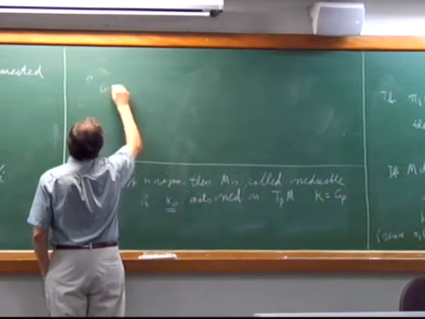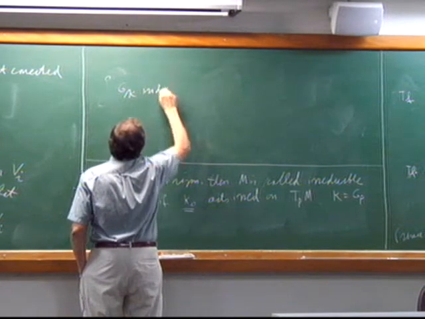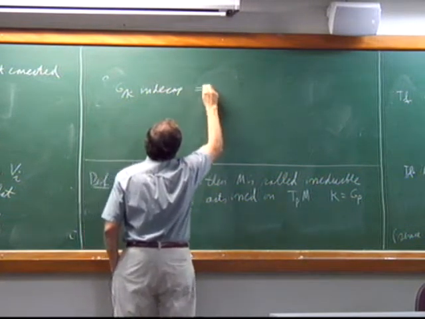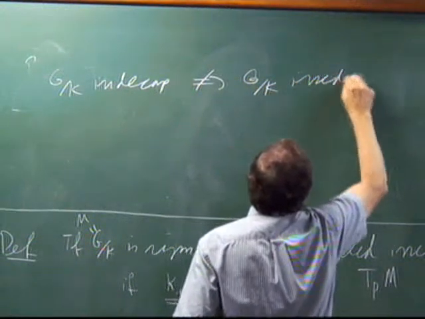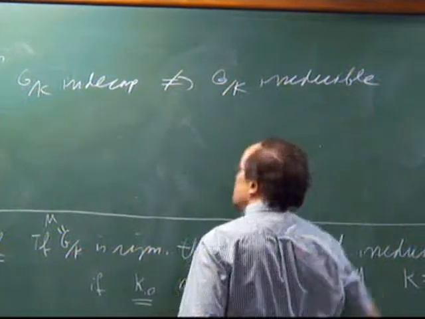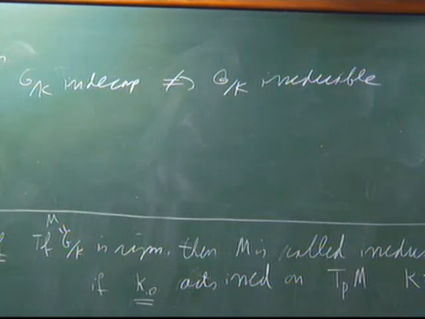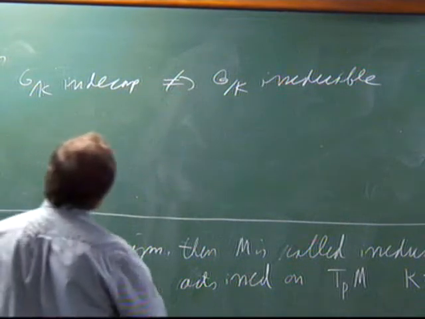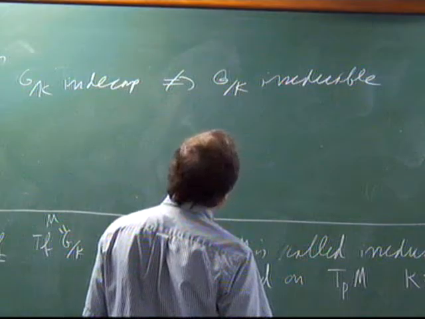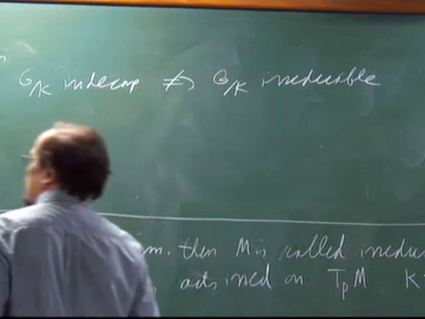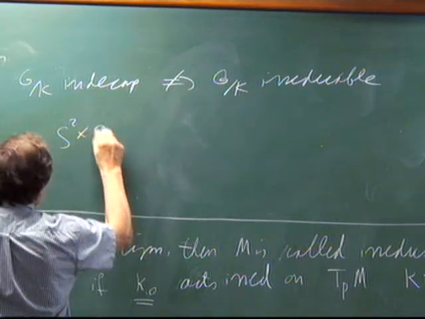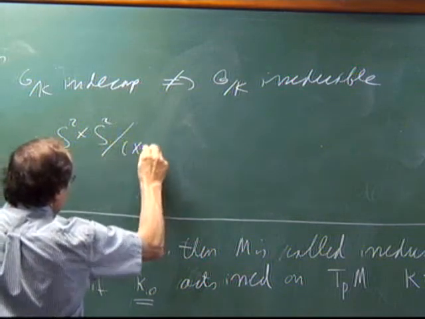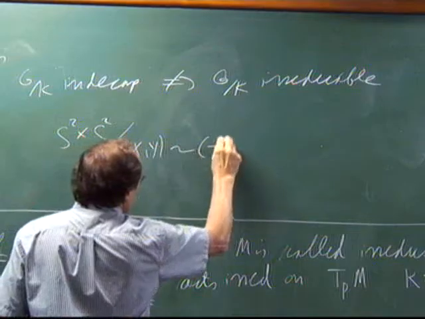So G mod K decomposable does not imply G mod K reducible. So the example would be like S2 cross S2 again, divided by (x,y) goes to (-y,-x).